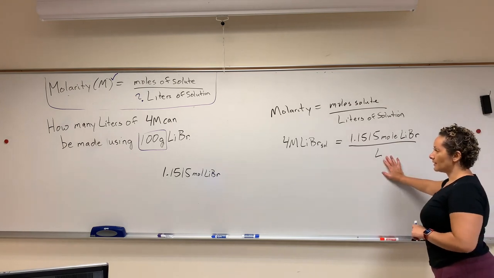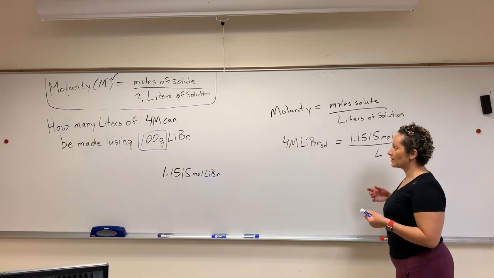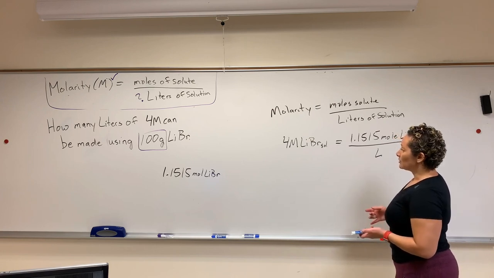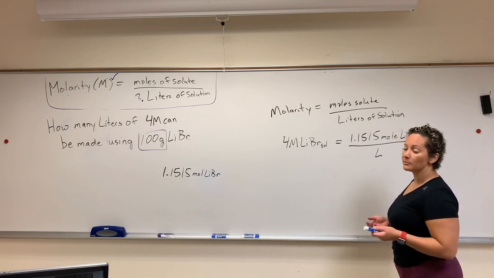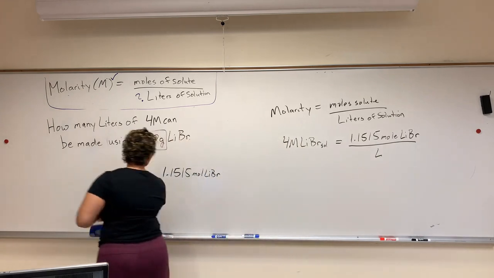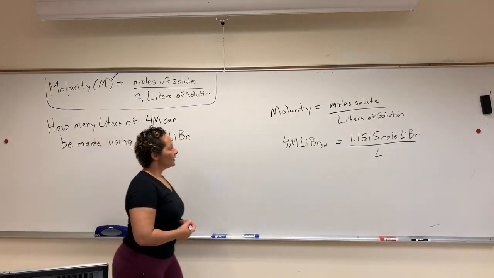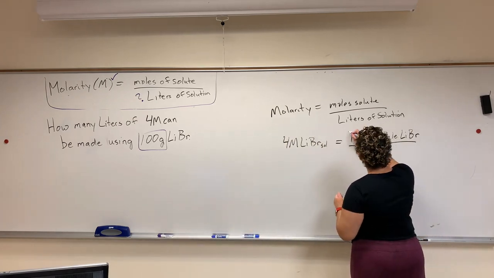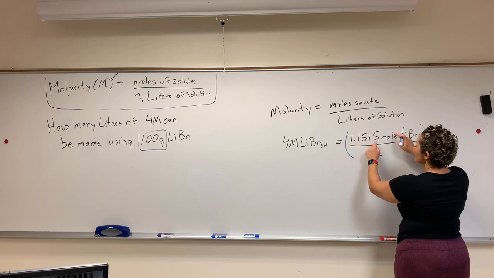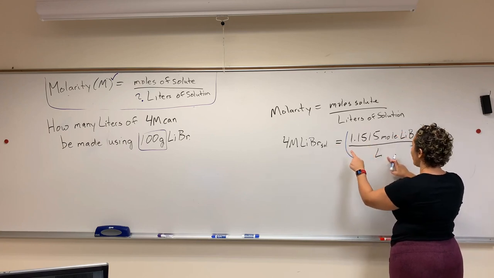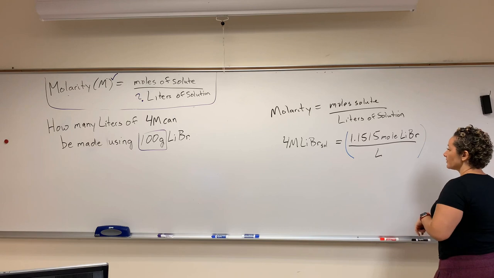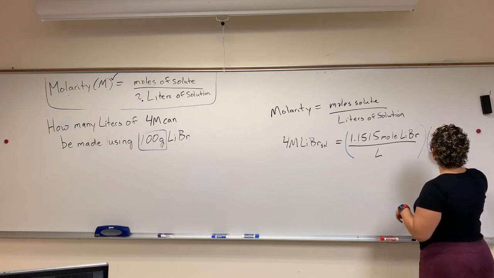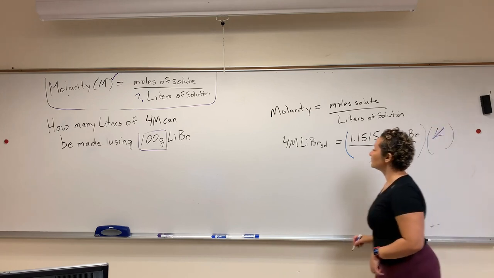Now, liters is on the bottom, so you got a few things. You can't just be flipping everything, but you can go ahead and cross multiply if you're familiar with that and comfortable with that. I'm going to do a long version of what essentially is cross multiplying, the same version that I gave you in the last one. Gotta get this over there, and by itself, or I'll just cross multiply. You do it how you want. Times it by liters. Cancel, cancel.